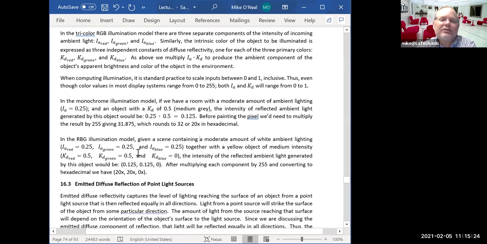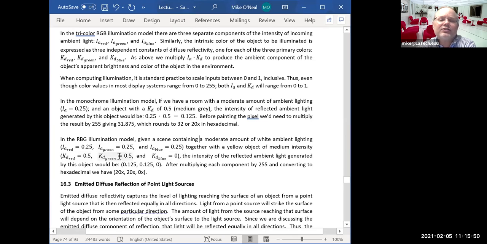I'm saying it's a moderate amount, so let's say 25% of the light in the environment is this background ambient light. And let's say we have a medium yellow object. Yellow is red and green, but no blue, so 0.5 red, 0.5 green, and nothing in blue.